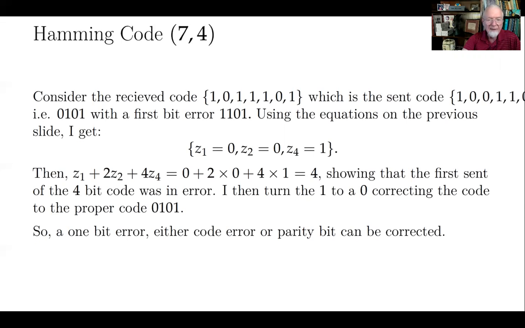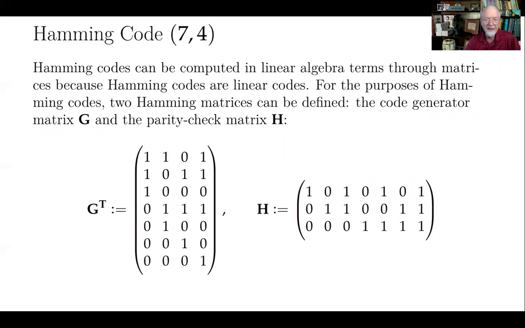And then furthermore, now we've been doing it all using modulo 2 equations. You can do this all in matrices, again using modulo 2 addition and multiplication. If you have a matrix G, this is 7 down the column and 4 across.